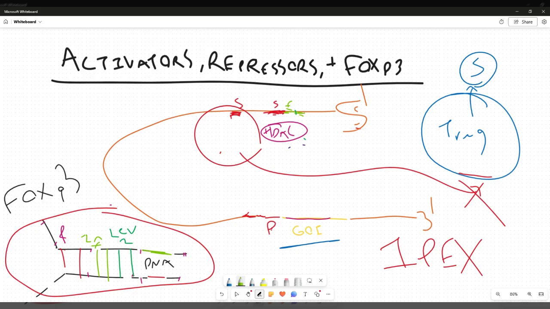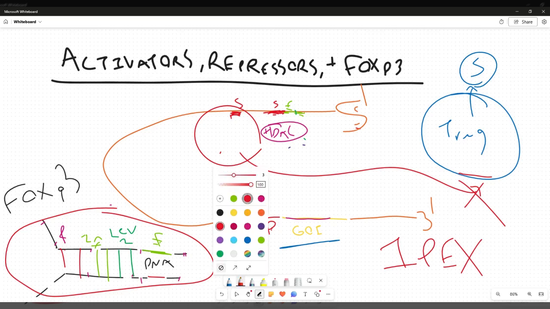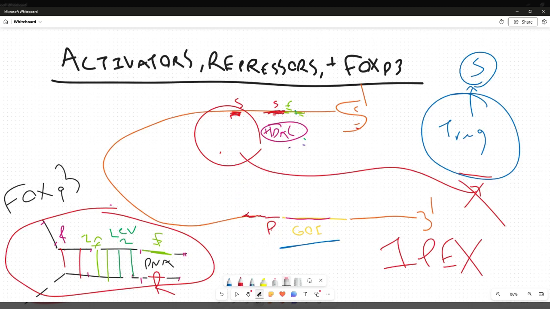Am I getting other signals saying I need to stop inflammatory things? Sort of the conditions in the cell will make it more favorable to bind at an enhancer or bind at a silencer. And that way it keeps everything in check. So again, a silencer is the DNA region. A repressor is the protein that slows down transcription.